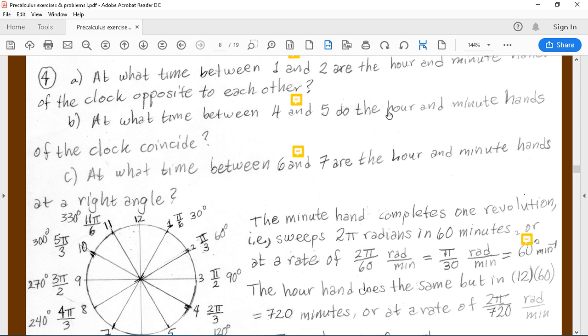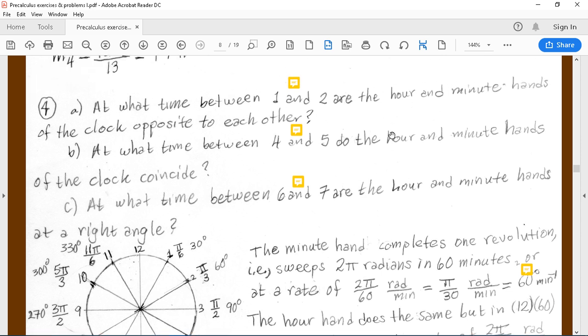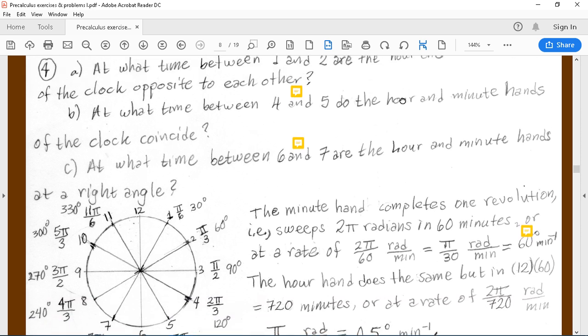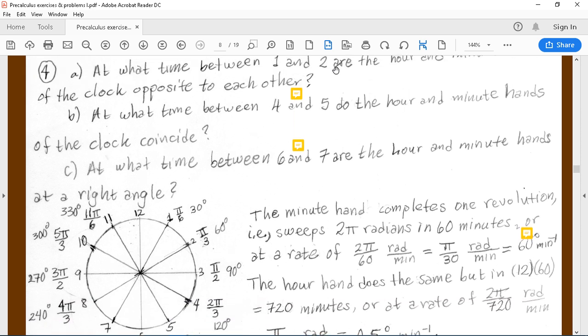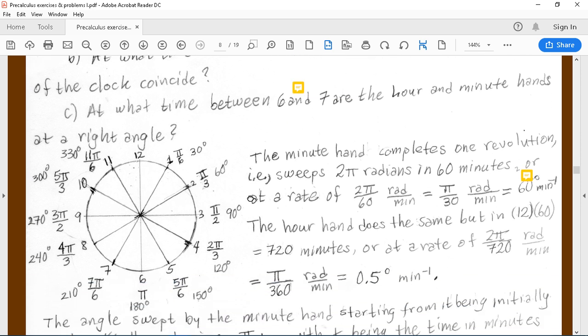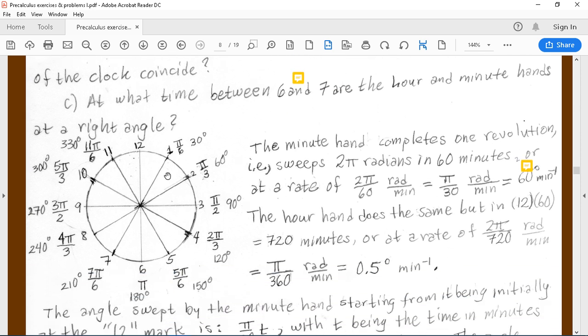That means that if they are opposite to each other, between 1 and 2 o'clock, the hour hand is between the 1 and 2 marks, and the minute hand should be between the 7 mark and the 8 mark, which means that the difference angle between both hands should be pi radians or 180 degrees.